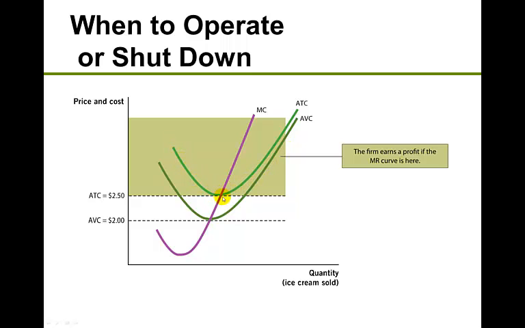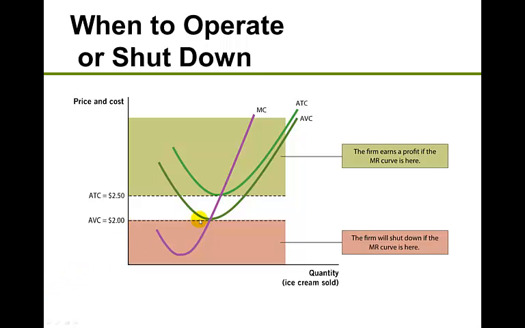If the price happens to be $2.50, then the quantity that I produce is right where I'm crossing my marginal cost curve. And notice that here, my profits would be 0 because my price is exactly equal to my total costs. On average, I'm making $0 in economic profits per unit, so I make $0 of profits. Anytime the price is above this point, the minimum point on my average total cost curve, the firm is going to earn a profit.